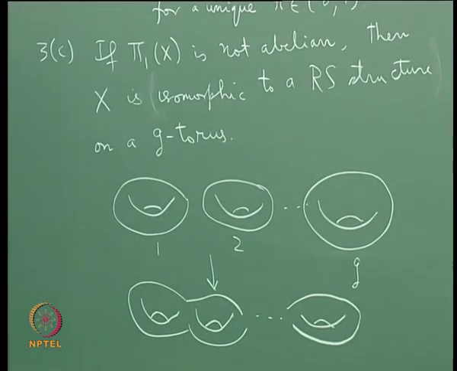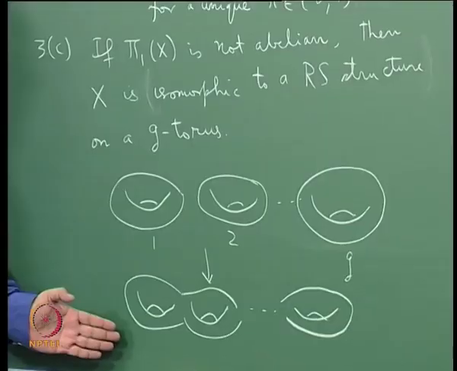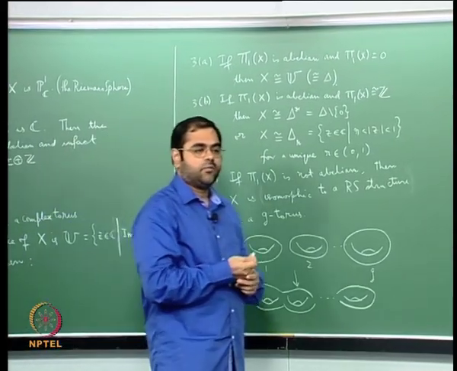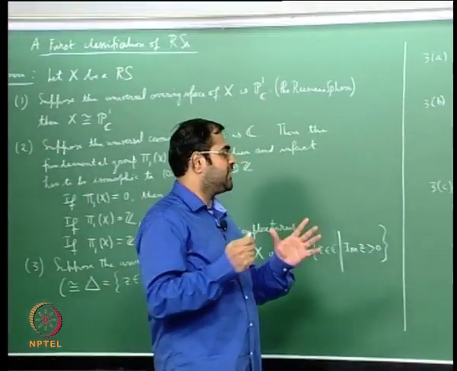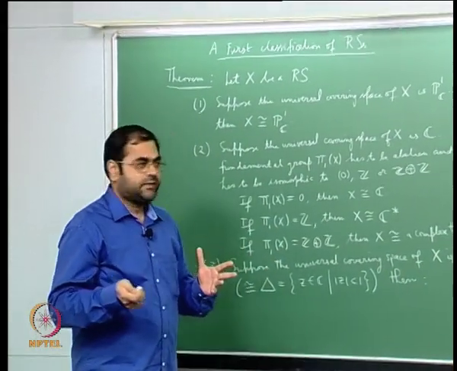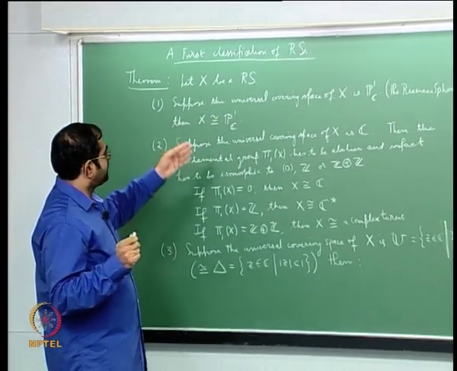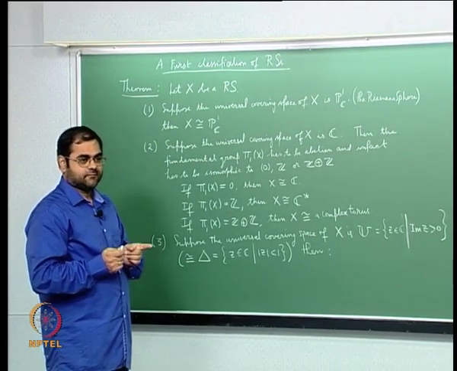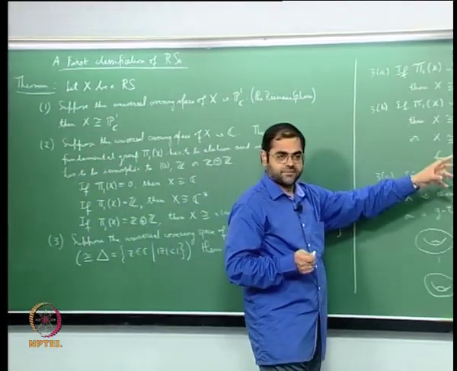So if pi 1 is not abelian, and of course I am assuming X is compact, then you get a Riemann surface structure on a g-torus. So this is the first classification, and what it tells you is a kind of clue that it's better if we start by looking at Riemann surface structures on a topological space whose fundamental group is abelian, because the abelian case puts a lot of restrictions.